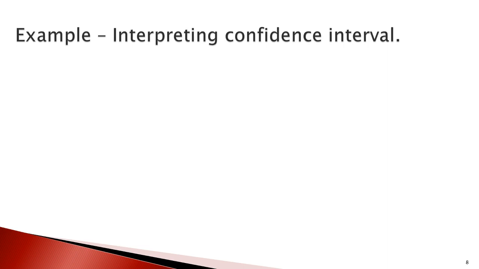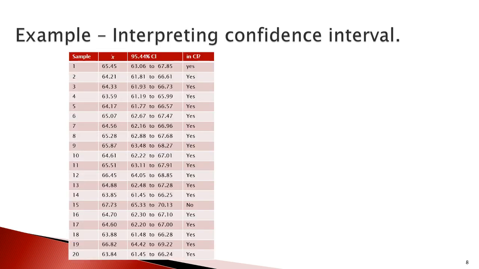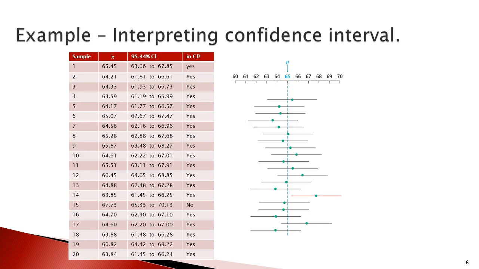Now we are at the last section of this lesson, that is interpreting the confidence interval. This table shows the sample means and 95.44% confidence intervals for 20 sample data sets, where the population mean is 65.